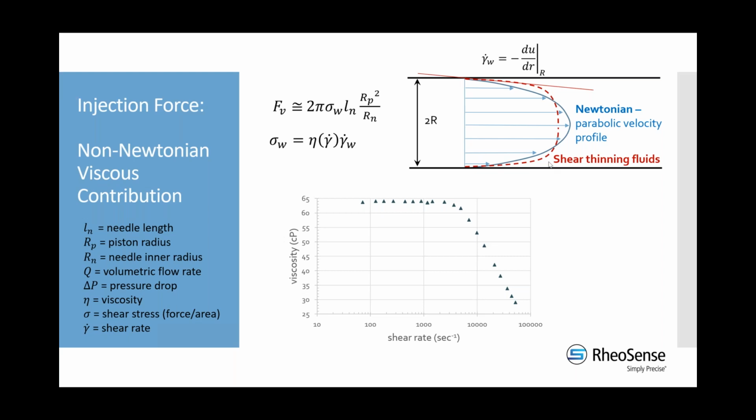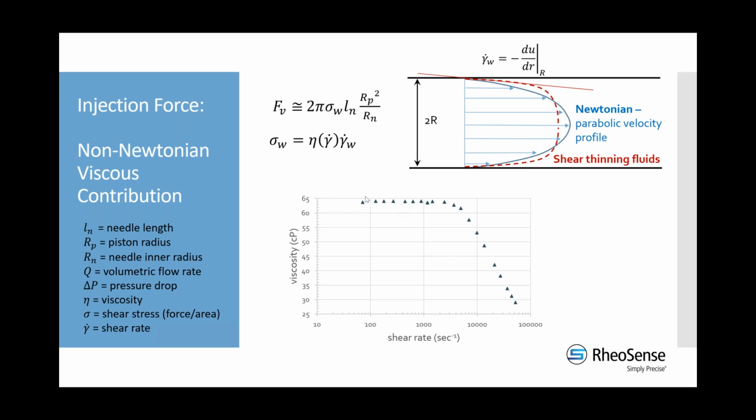Beyond the Newtonian, something like a power law fluid, where you have a power law across all the rates that you're testing, you could deal with in an analytical way. But we're going to have to do it a little differently, because there's no clearly defined velocity profile for a material that looks like this one here.